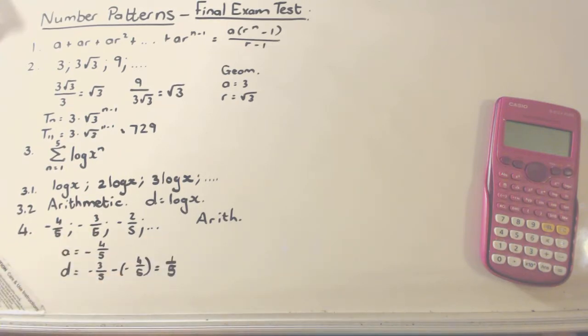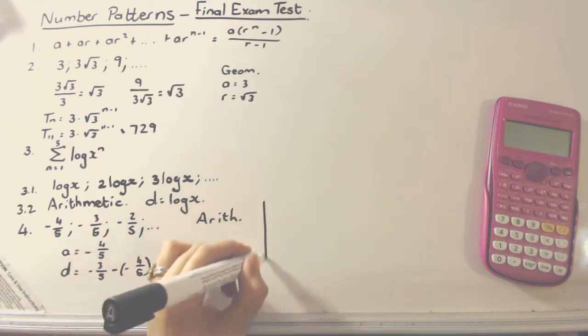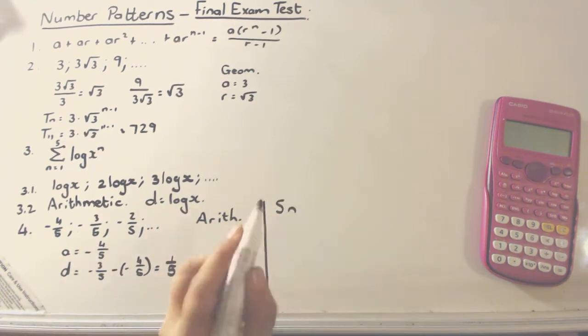So then, if I want an algebraic expression for the sum of the first n terms in its simplest form, I can simply just use this formula.